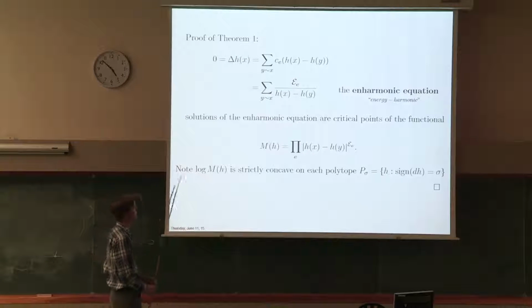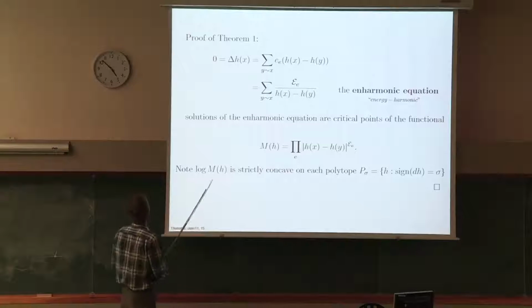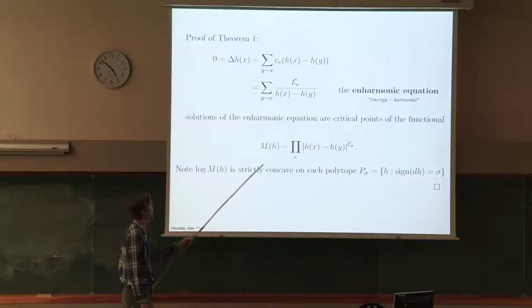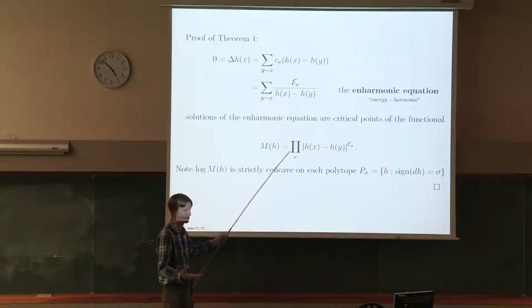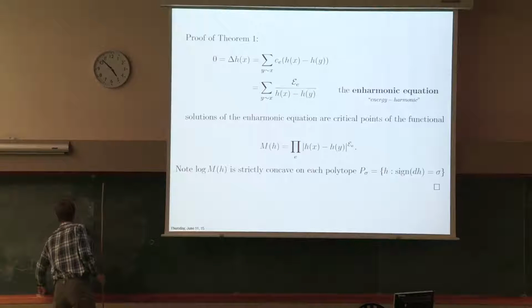Okay, so why does this functional have critical points? Let me see, maybe I should draw a picture.